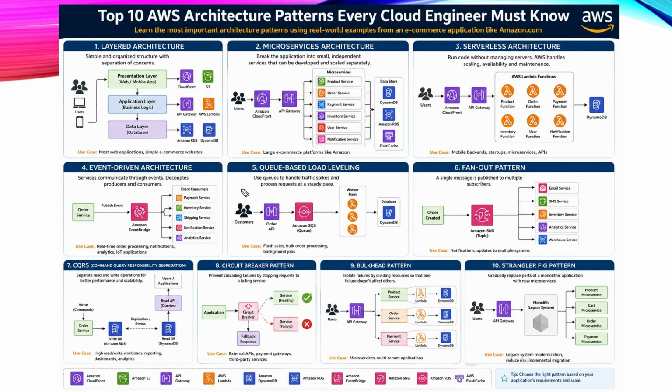We had queue-based services to handle decoupled high traffic in flash sales and Black Friday-like scenarios. Fan-out triggers multiple workflows together. CQRS optimizes read and write operations under heavy load. Circuit breaker handles the different failures with third parties. Bulkhead isolates the failures, and Strangler Fig helps modernize legacy systems. So together, these patterns help companies build cloud applications that are scalable, reliable, and resilient.